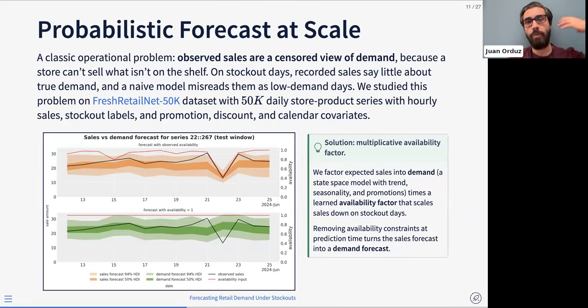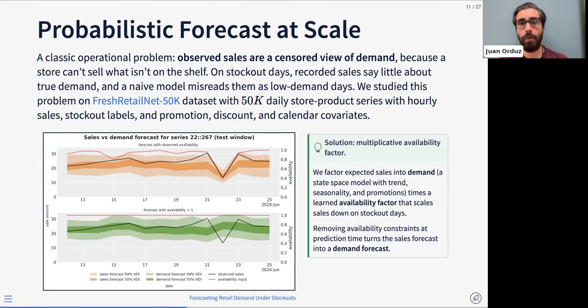Typically at that scale, running MCMC can be very expensive, but variational approximations have proven in practice to work very, very well.